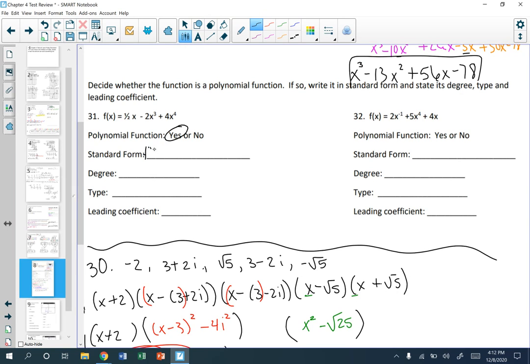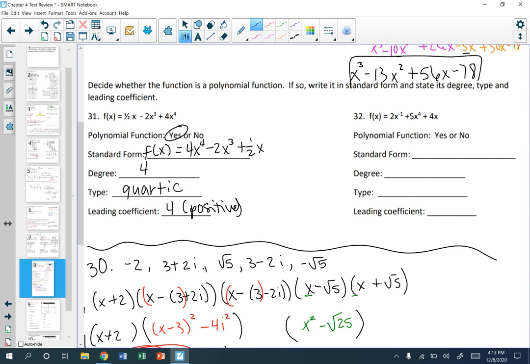And then for something to be in standard form, we write it with the highest power first. So 4x to the 4th minus 2x cubed plus 1/2 x. I know my degree is 4, which makes it quartic, and my leading coefficient is 4 or positive.